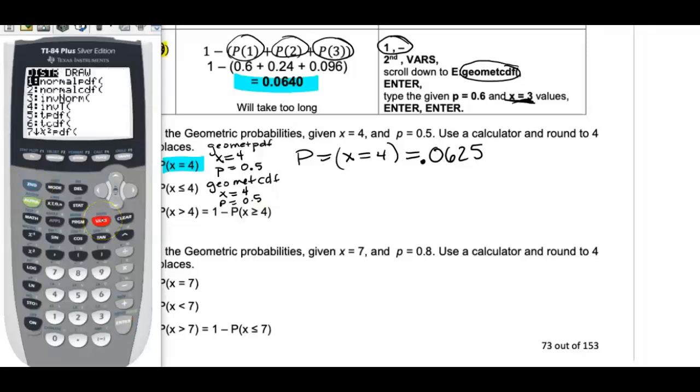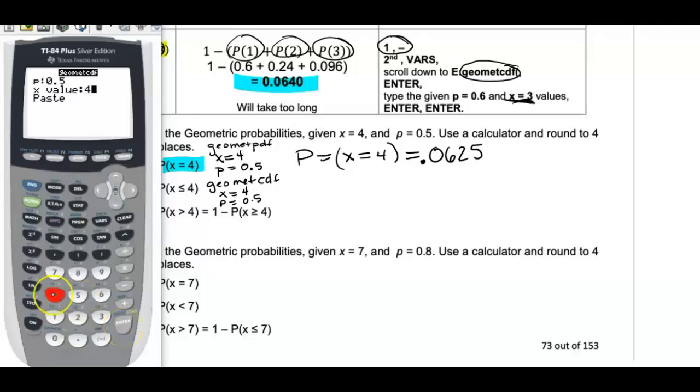Second, bars, we're looking for CDF, our p-value is 5/10. It hasn't changed.